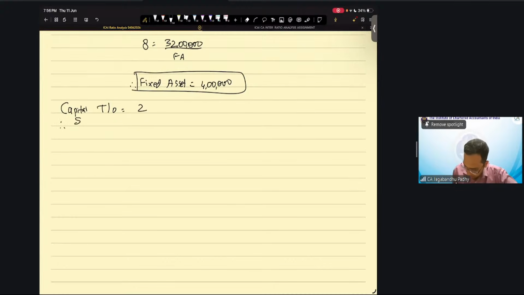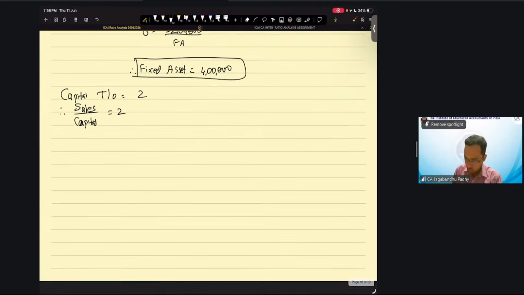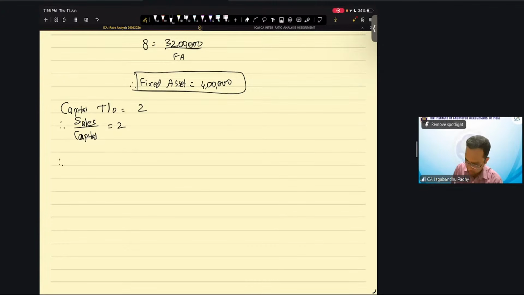So capital turnover is sales upon capital, which is equal to 2. So we can say sales is 32 lakhs upon capital, which, of course, comprises equity share capital plus reserves.